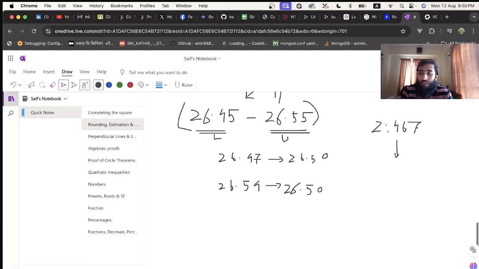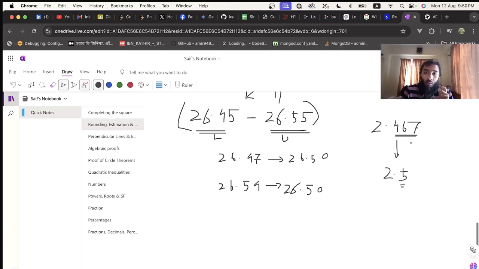So instead of 2.467, I can write what? 2.5, right? This is one of the purposes of rounding, to lessen the number of digits while also keeping it very close to the actual number. So 2.467 can be written as 2.5.